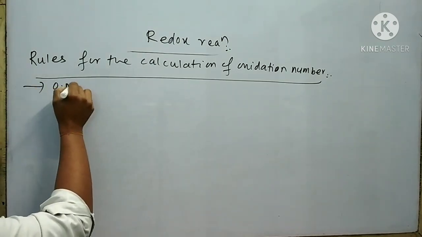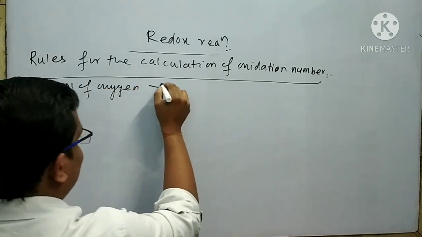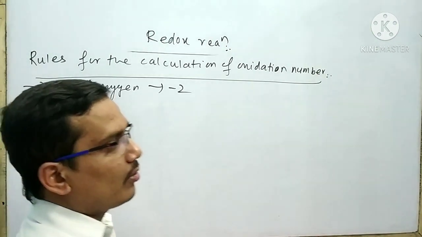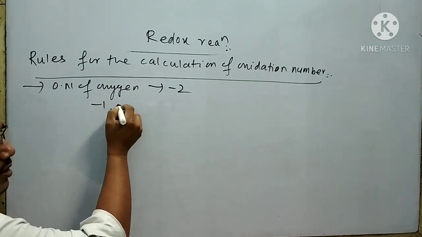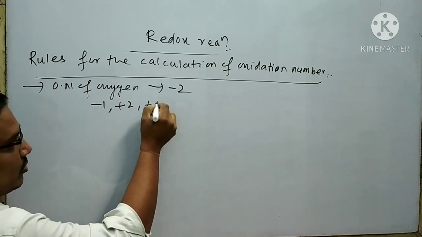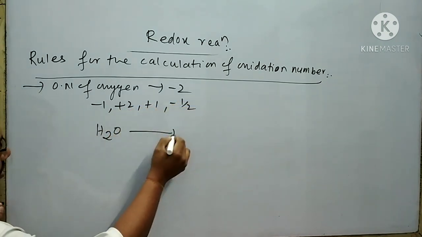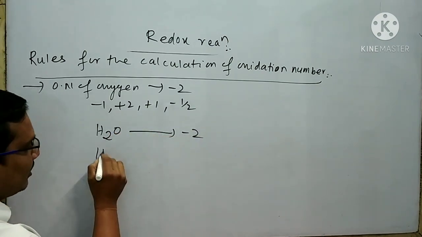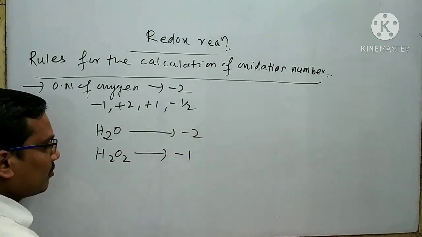Next rule: the oxidation number of oxygen is generally taken as -2, but in some compounds its oxidation number may change. That means it may be -1, +2, +1, -1/2, like this. In case of water, the oxidation number of oxygen is -2. But in H2O2, the oxidation number of oxygen is -1.